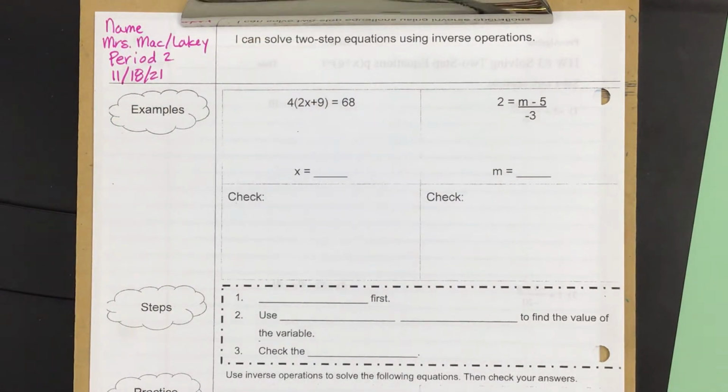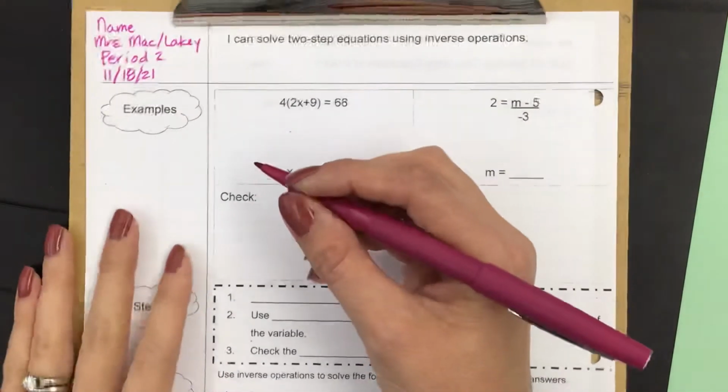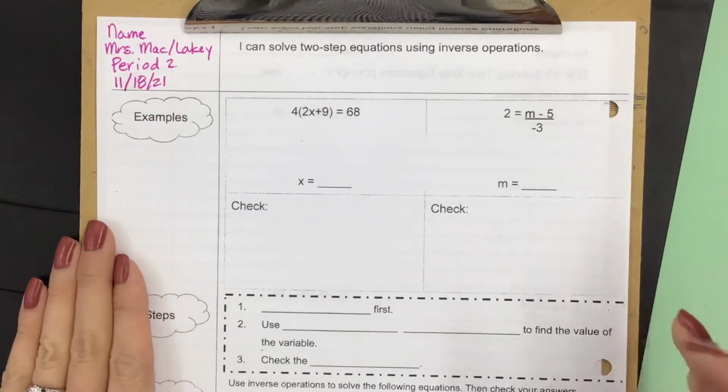Okay, this is not much different than what you've been doing, but it just adds one little step ahead of time, okay? And that is that you are going to need to distribute before you solve. So let's go ahead and do that. Do you guys remember how to distribute from the last unit?